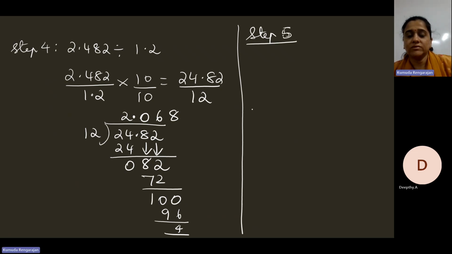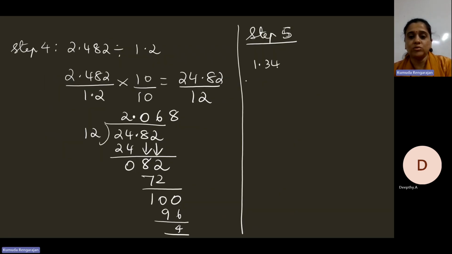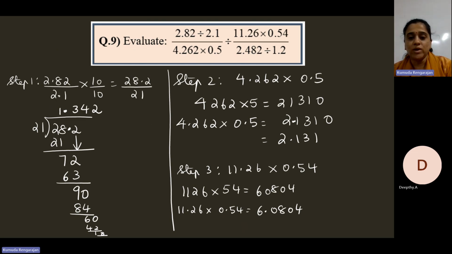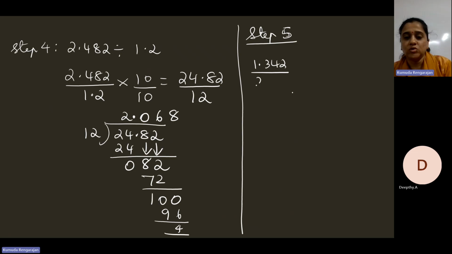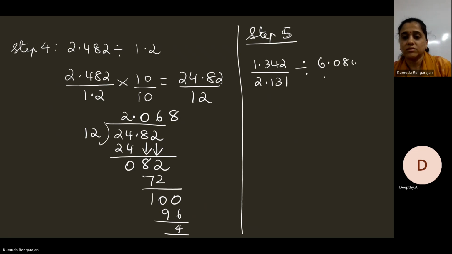So in step 5, step 1 answer is what? 1.342, divided by step 2 answer, 2.131, divided by step 3 answer, 6.0804, divided by step 4 answer, 2.068.